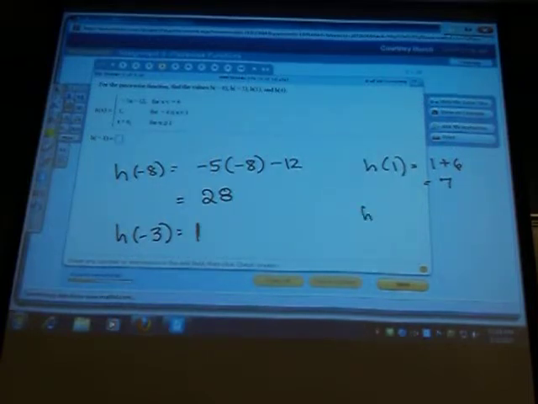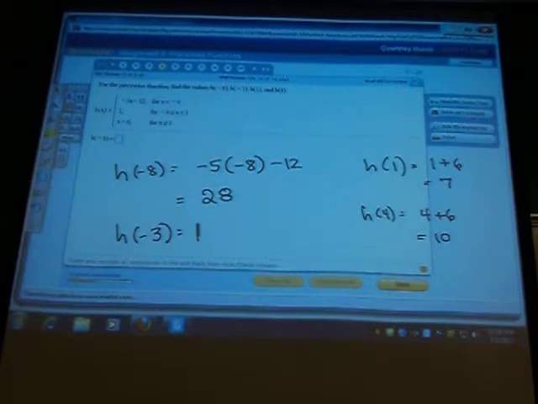The last one is h of 4. Well, 4 is definitely greater than 1, so I would still use that last equation. And I get 4 plus 6, which is 10. Okay?